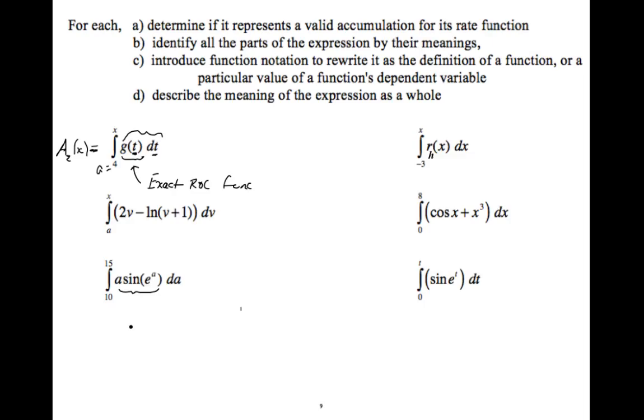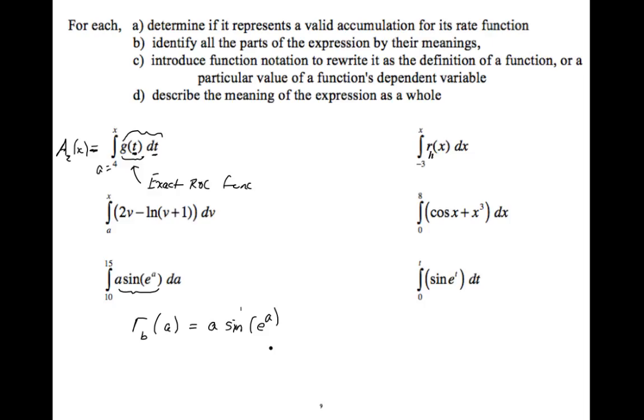So maybe r sub b of a equals a sine e to the a. So maybe this is our exact rate function, r sub b. R sub b of a is a sine e to the a.